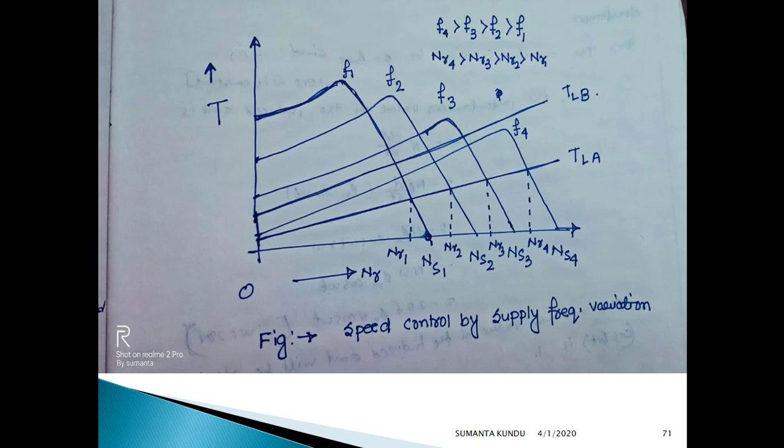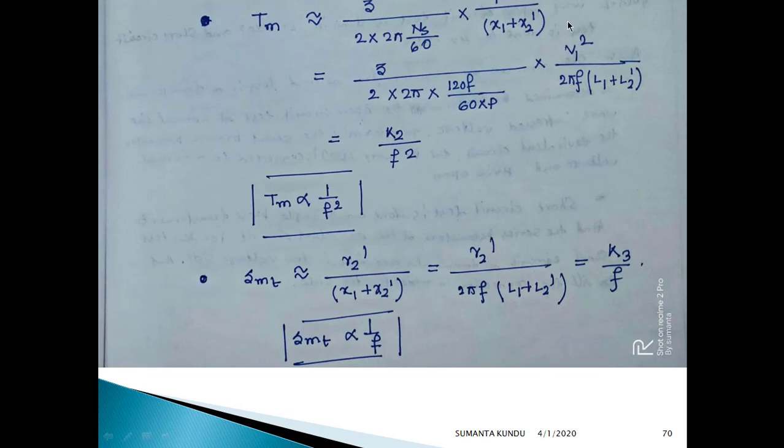If it is operating at low frequencies, the motor impedance is low, because in the equation x1, x2, reactance is again omega L, that is 2 pi f L. That means reactance is directly proportional to the frequency.